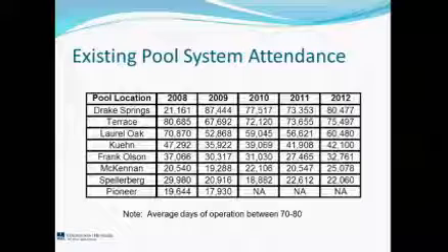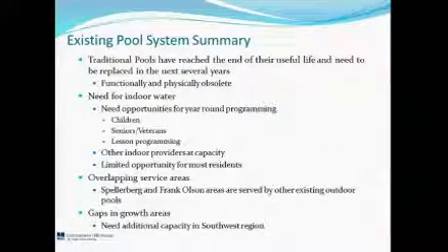In fact, if we go back to this chart right here on Drake Springs, you can see from 2008 to 2009 what changed. Well, the facility changed in terms of what it was offering. The attendance went up quadruple, just because we are now offering a newer facility, offering the amenities that people want to see and want to have. And so that's dealing with the functional obsolescence, which is that the traditional pools are really not meeting the needs of today's aquatic users.